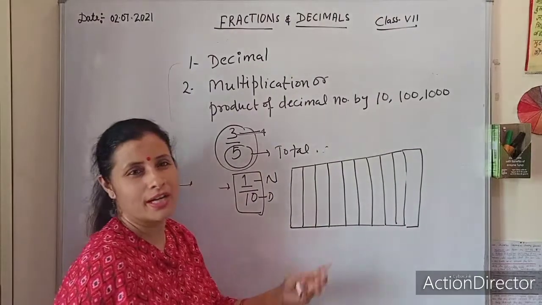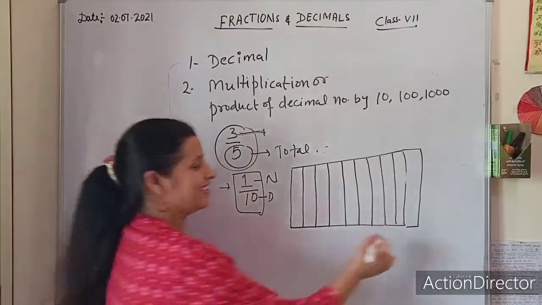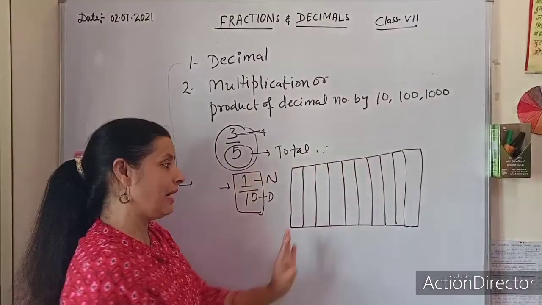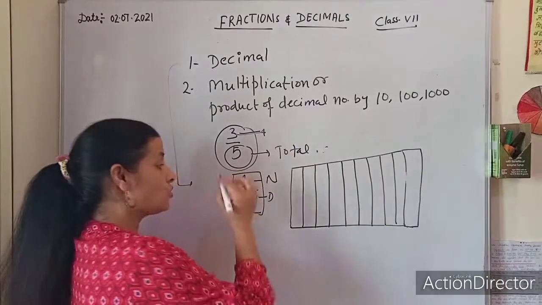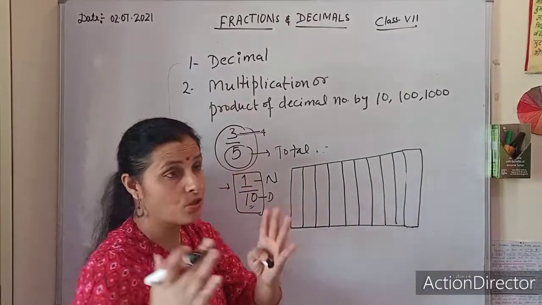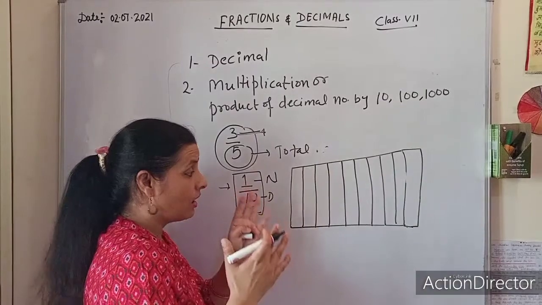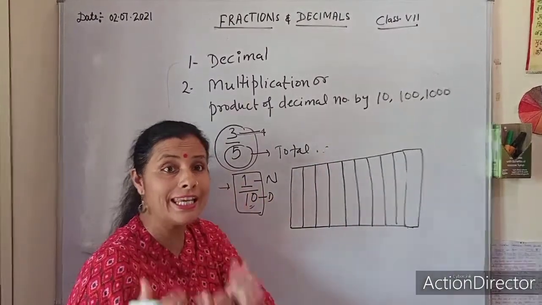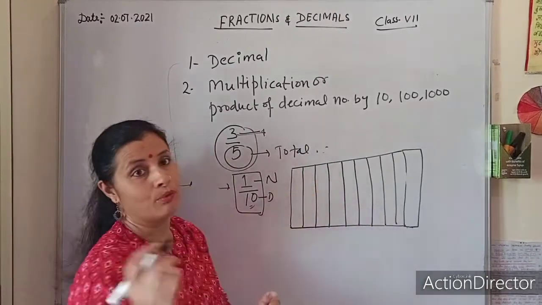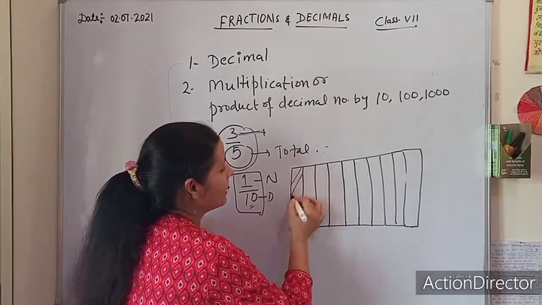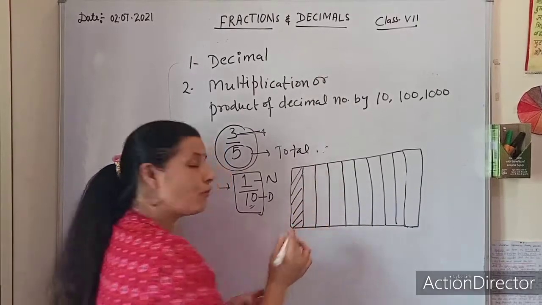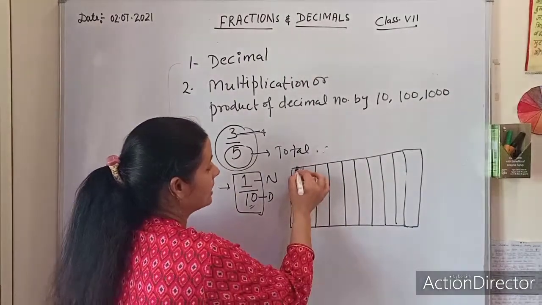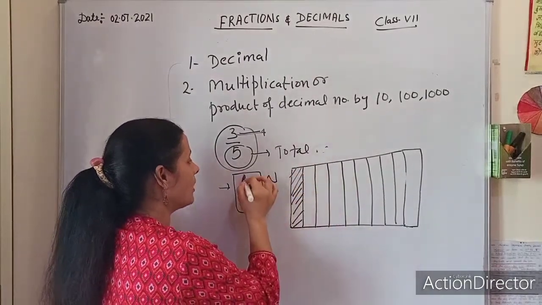The size of the chocolate is larger just to help you understand. Assume there are 10 friends and you need to divide that chocolate among them equally. Each friend will get 1 part. So this shaded portion shows 1 upon 10.